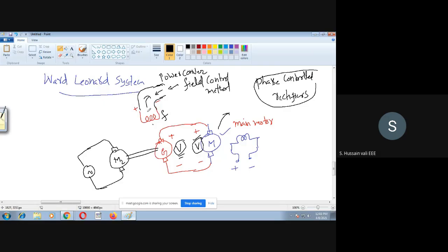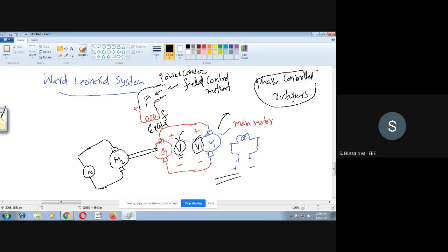We know very well that in a generator, by changing the excitation, we can change the output voltage. The output voltage goes to the motor as input voltage, so the input voltage changes and the speed of the motor changes.